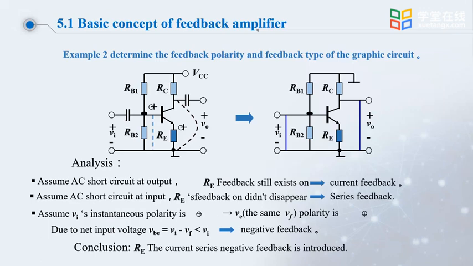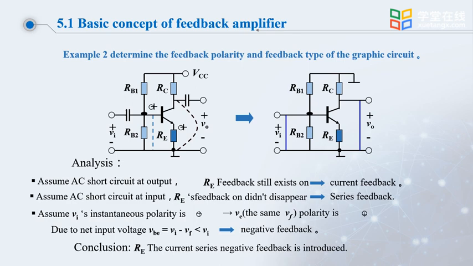We know the net input signal VBE equals VI minus VE, so now VE is VF, and VBE equals VI minus VF. VF has an instantaneous positive, so this VBE actually gets smaller. There's a tendency to get smaller, that is, VBE is smaller than the previous initial input signal. So it's a negative feedback.